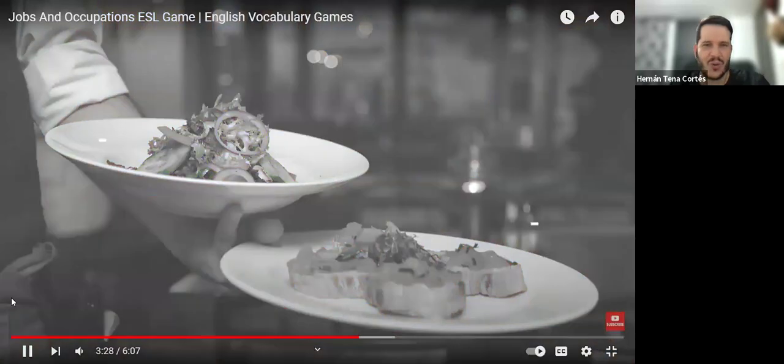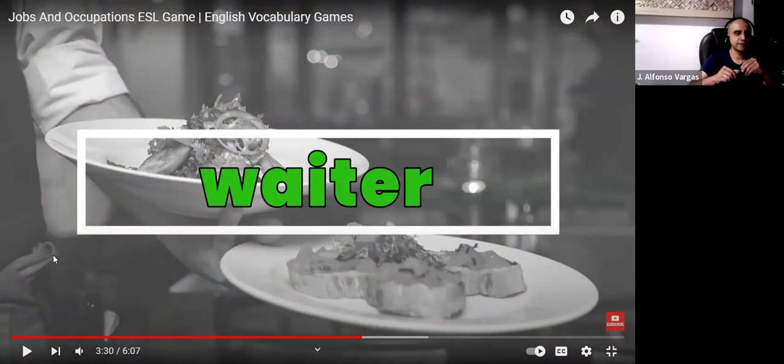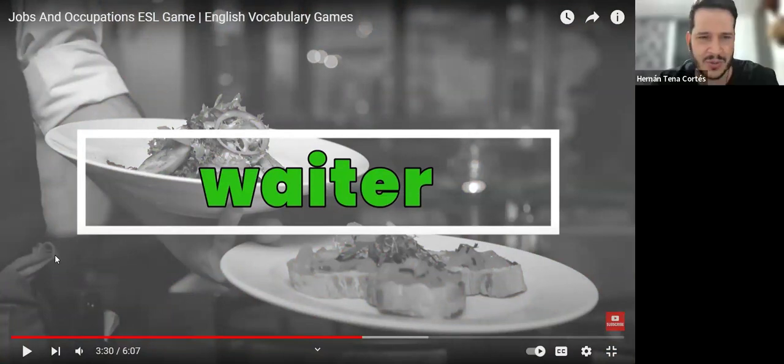So there are three ways to say this. We can say waitress for a woman, waiter for a man. We also have the name server, which is used for both men and women and is more common now. Server, waiter and waitress. Very good, Alfonso. Okay, Esther, this one's yours.